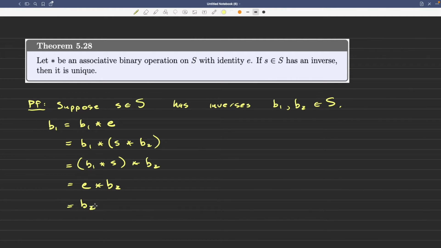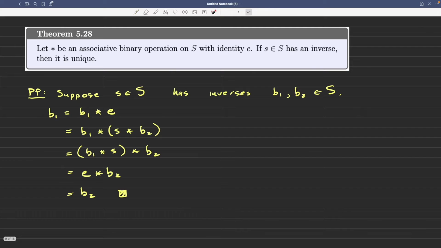So what did we just learn? We just learned that b1 and b2 are equal. So if we had these two inverses of the same element, they actually have to be the same thing. Notice we definitely had to take advantage of associativity here. If we didn't have associativity, we wouldn't have been able to make that move.